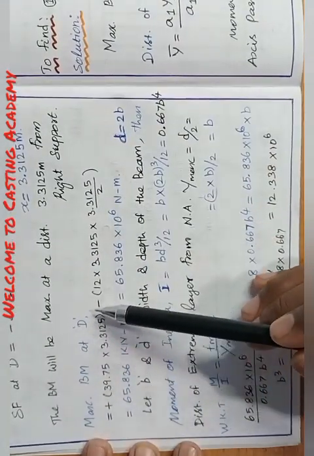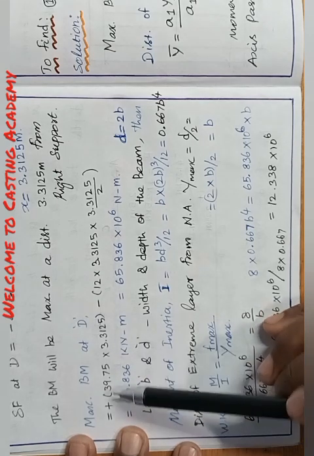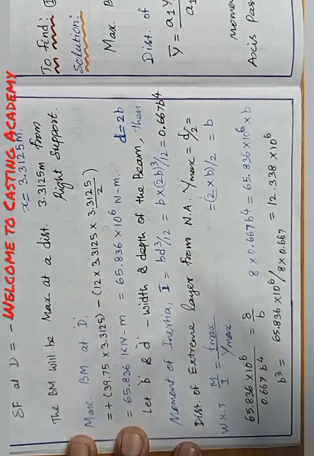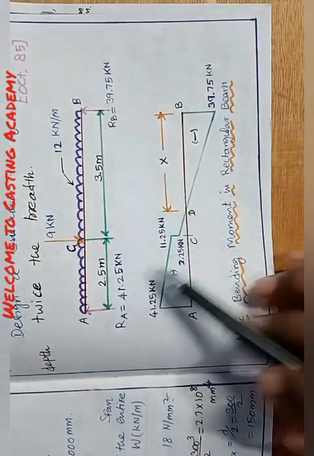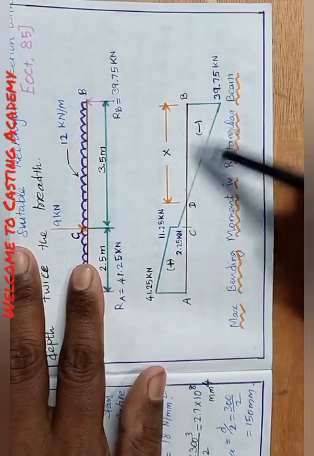Maximum bending moment at D, taking the sign convention of plus and minus bending moment, minus bending moment as well as plus shear force.